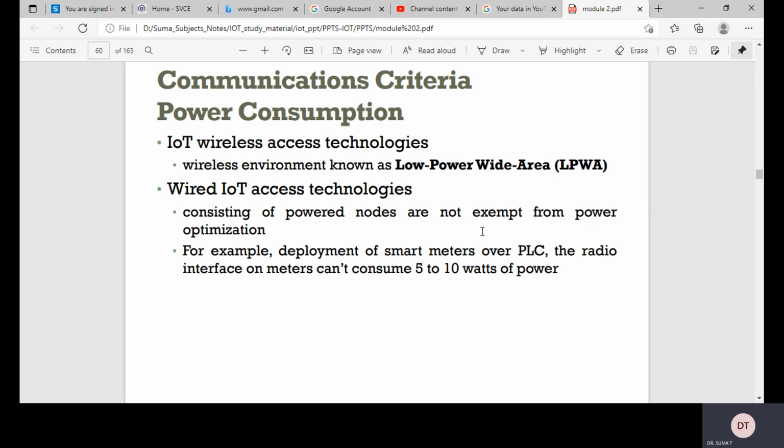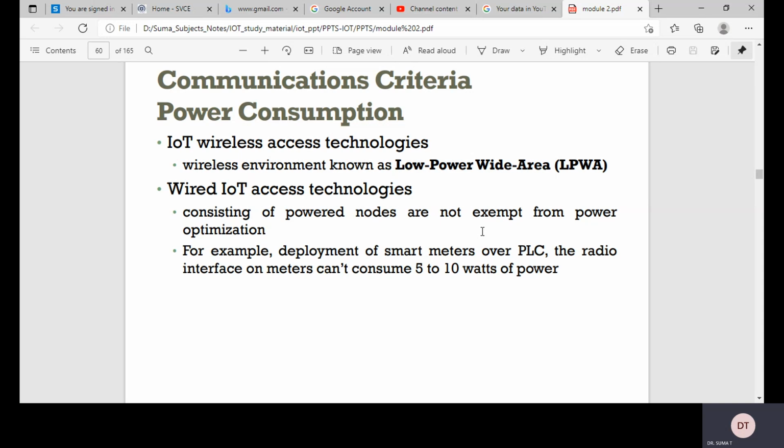This has led to the evolution of a new wireless environment known as low power wide area, LPWA. It is possible to run just about any wireless technology on batteries. However, in reality, no operational deployment will be acceptable if hundreds of batteries must be changed every month.